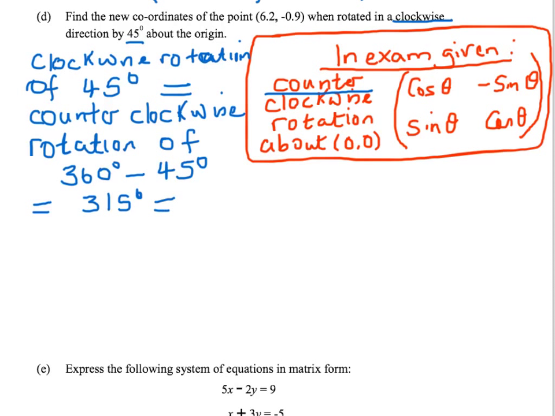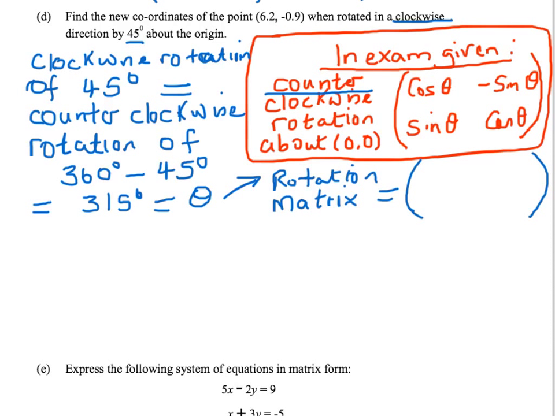So this is going to form my theta in the formula. So the rotation matrix for this question, a clockwise rotation of 45 degrees, is going to become cosine of 315 degrees, minus sine of 315 degrees, sine of 315 degrees, cosine of 315 degrees.